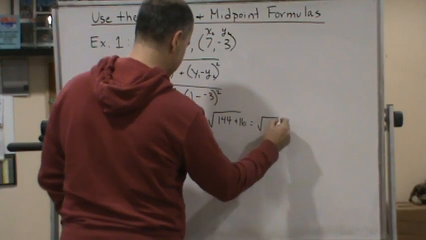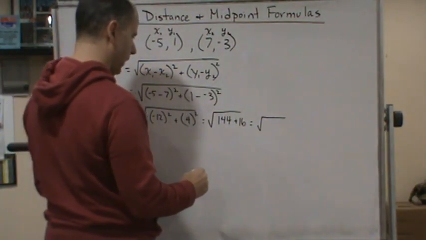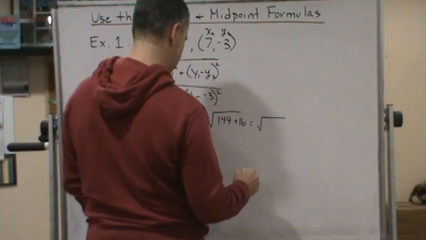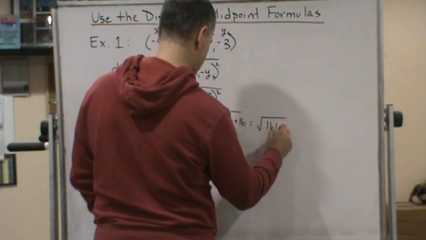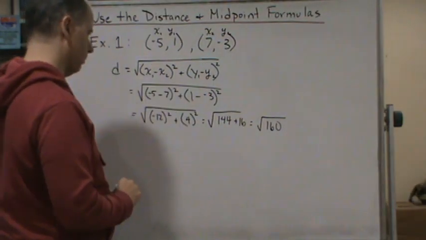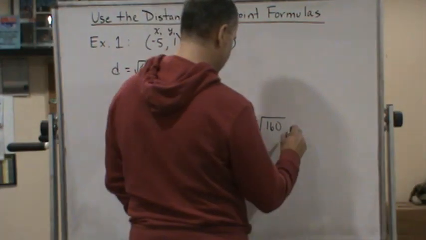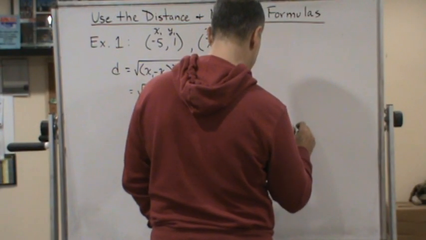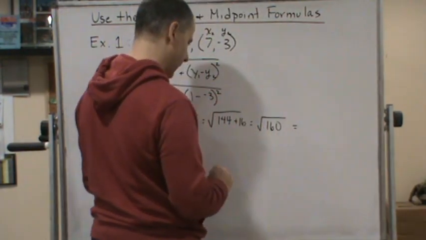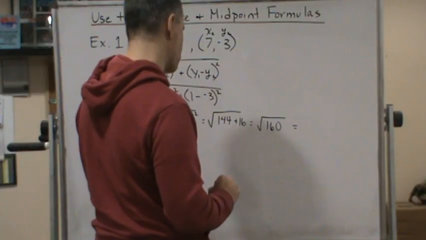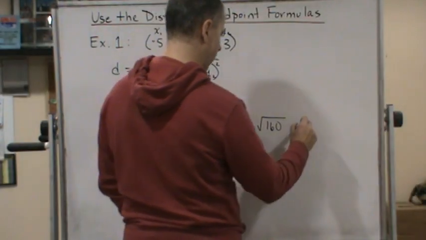And so that gives us the square root of what? 160, right? Okay, and which is going to give us 4.